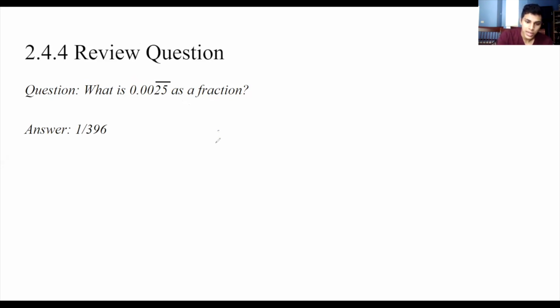So in order to do that, I have to think about what I have to multiply by. If you remember when I explained how to do this, your first step was always to get rid of the sections that weren't repeating. But since I only have zeros that aren't repeating, I can't really get rid of these zeros by adding or subtracting anything, which means all I have to do is shift this decimal point over.